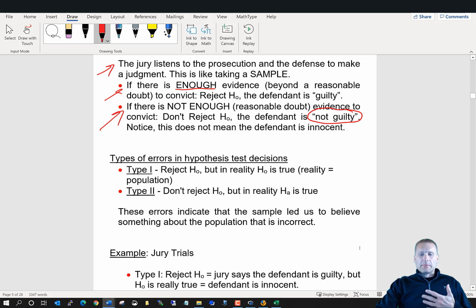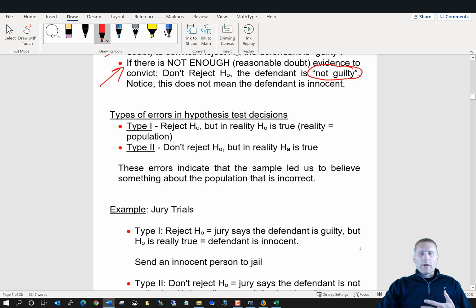So, whenever we're making a decision regarding reject H0 or don't reject H0 based upon our sample, we could make a wrong decision in the end. Meaning, in reality in the population, maybe we reject H0, but in reality H0 was really true. Well, that would be an error, and in statistics, we have a fancy name for it. It's called a type 1 error.